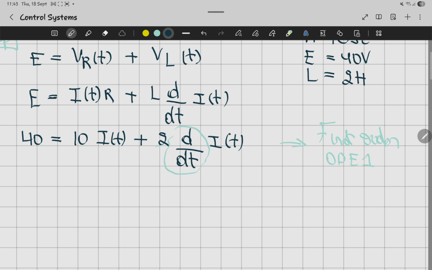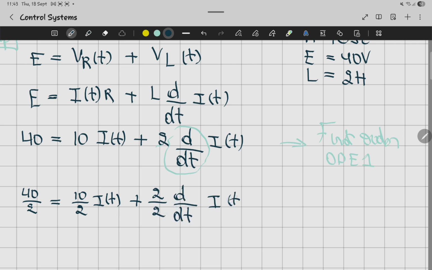So we're going to divide both sides of the equation by 2, which gives us 40 over 2 equals 10 over 2 i(t) plus 2 over 2 d/dt i(t).